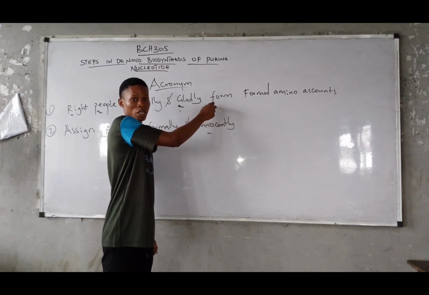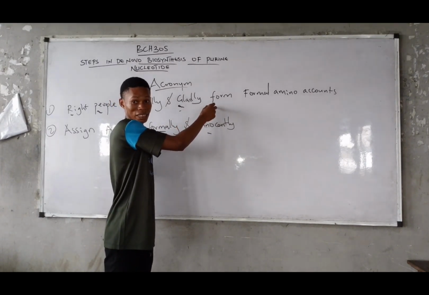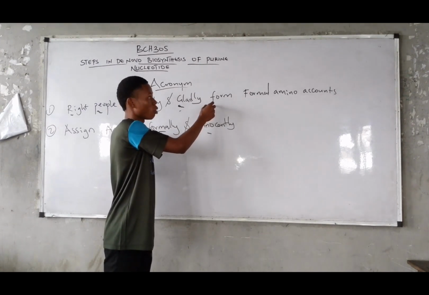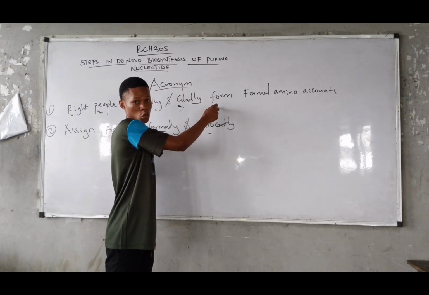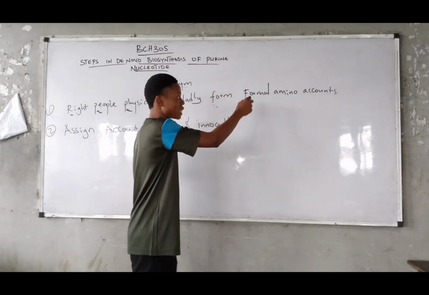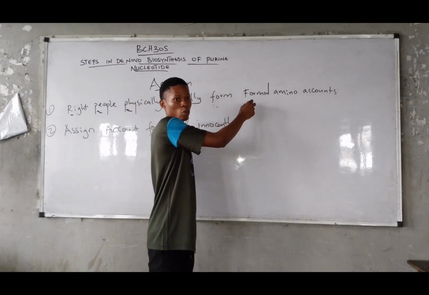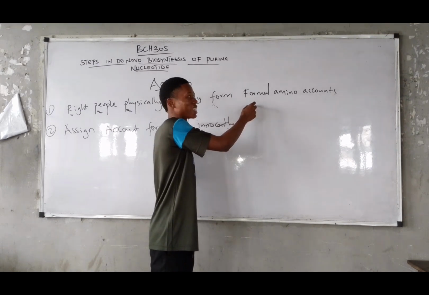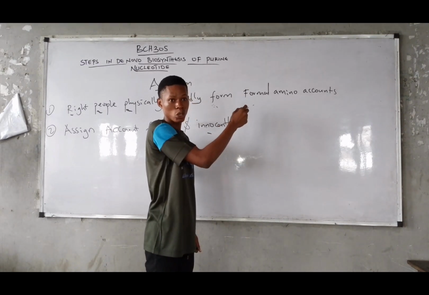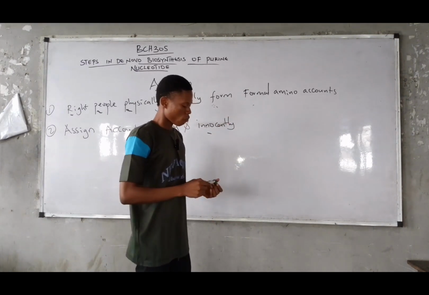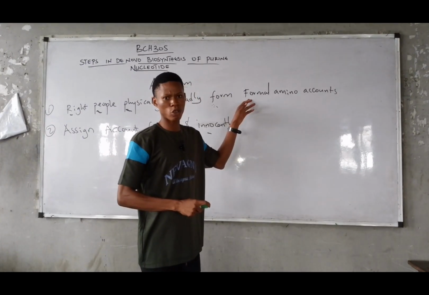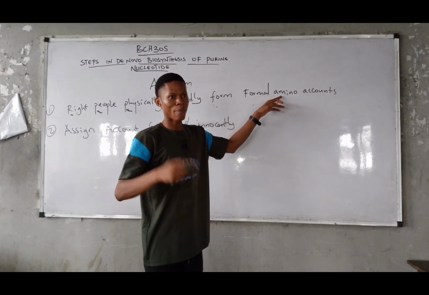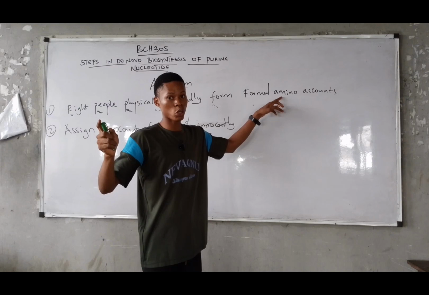Now, from glycinamide ribosyl 5-phosphate, formyl glycinamide ribosyl 5-phosphate. Then the next thing, glutamine comes in to form formyl glycinamidine ribosyl 5-phosphate, to amino imidazole ribosyl 5-phosphate.